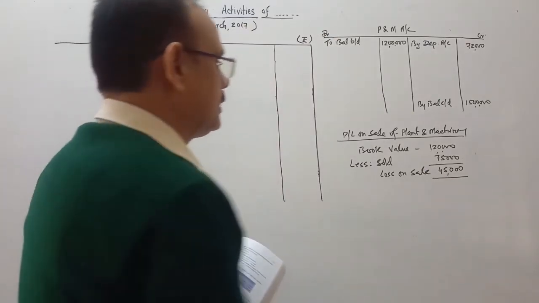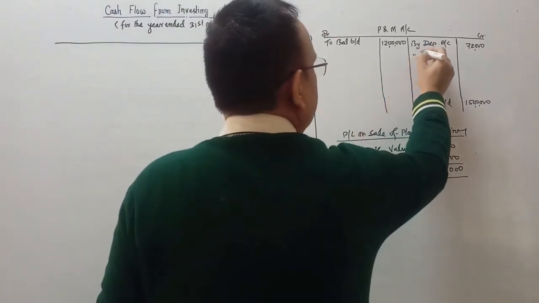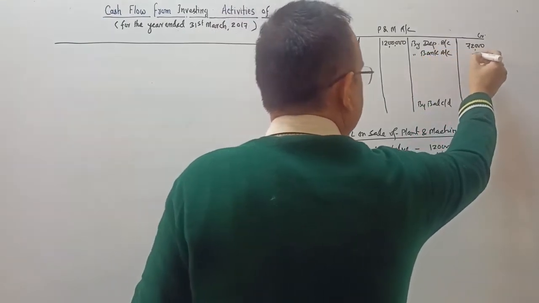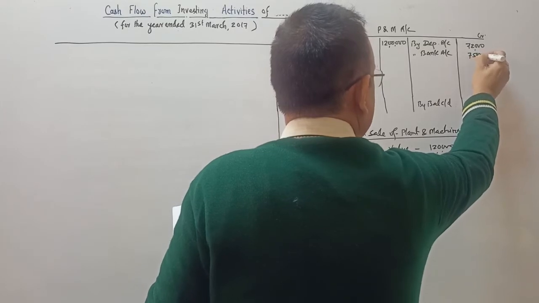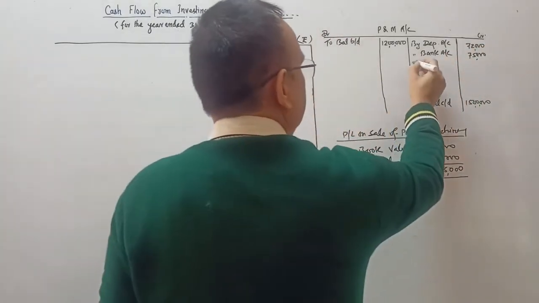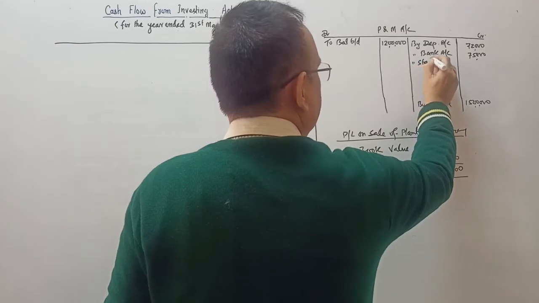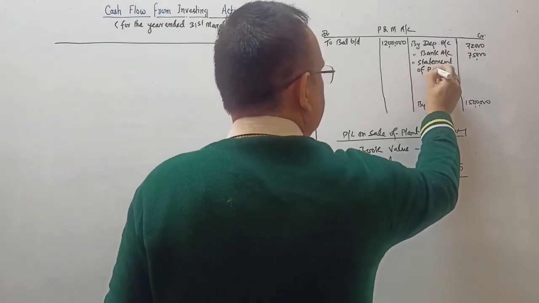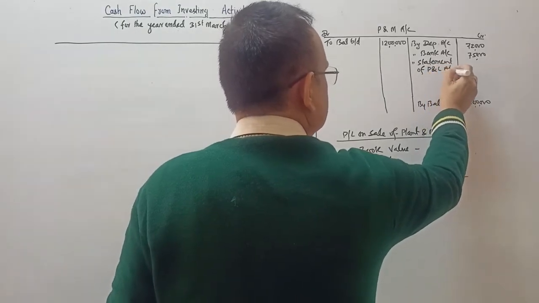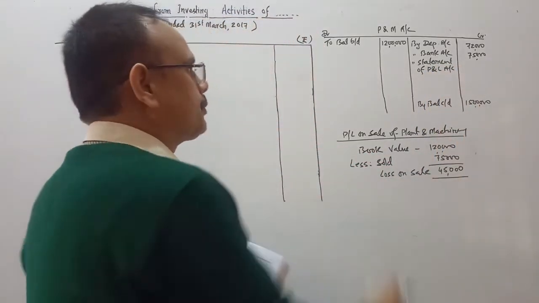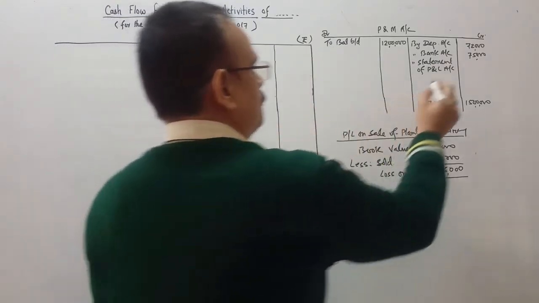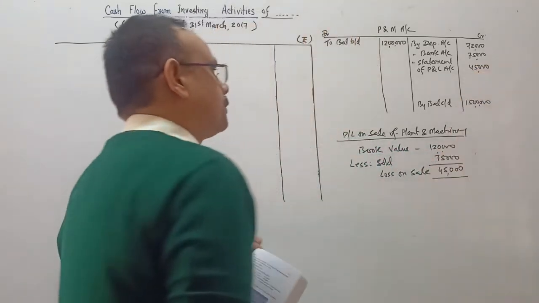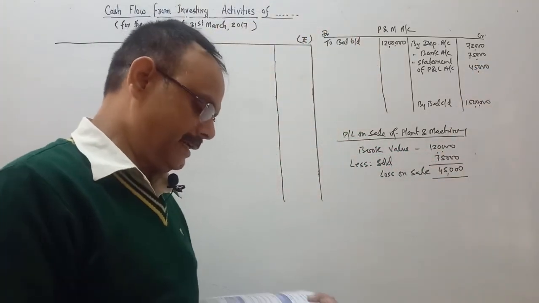By bank account we write 75,000, and for the loss we write by statement of profit and loss. If there is a loss, it will be transferred to the statement of profit and loss; in case of profit, we write it on the other side. So 45,000 is the loss amount. Posting is done on the credit side.